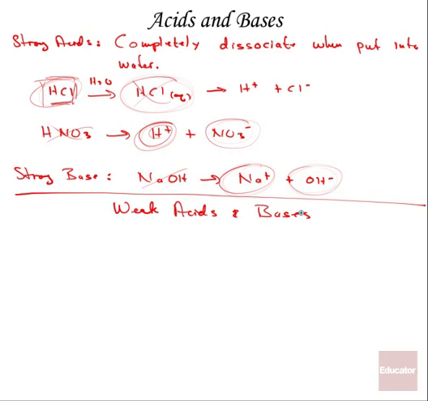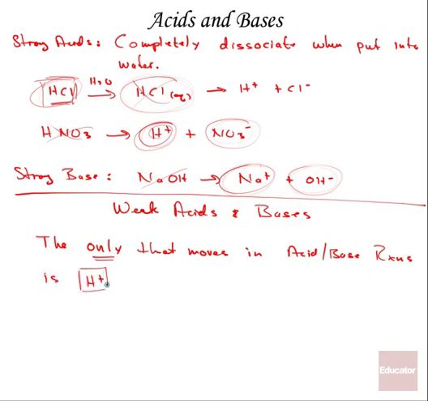However, before I discuss that, I'm going to write down the thing that I mentioned early on before we started this lesson. The only thing that moves in acid-base reactions is H+, the proton.